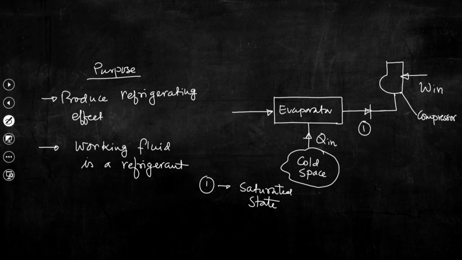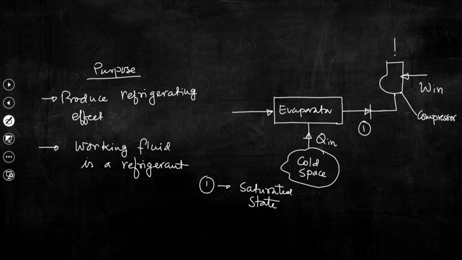The refrigerant here is saturated vapor, not saturated liquid. This is saturated vapor of the refrigerant, because in the evaporator the refrigerant is evaporated. So, essentially we get saturated vapor at the exit of the evaporator, and that is at the inlet of the compressor.